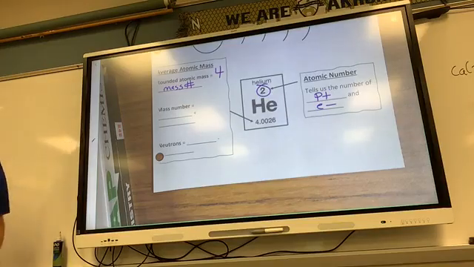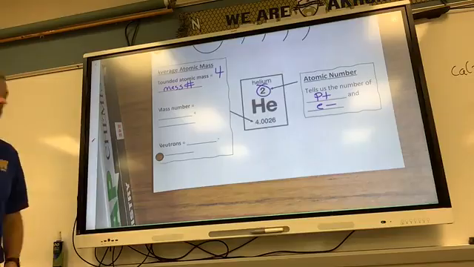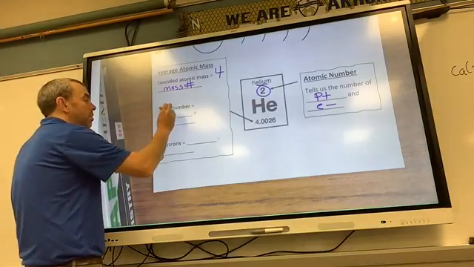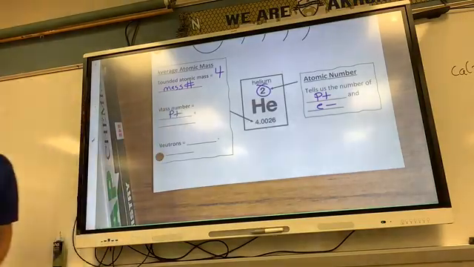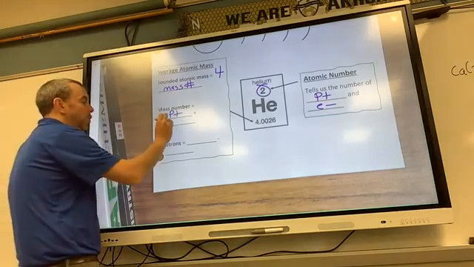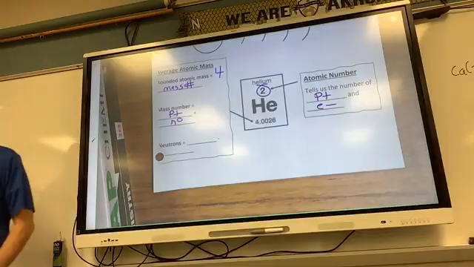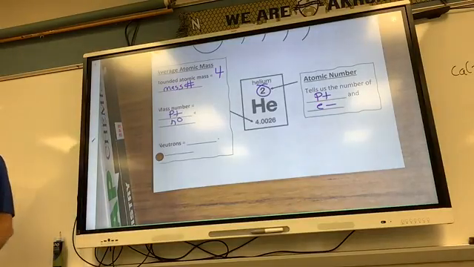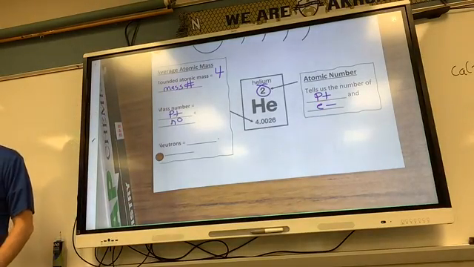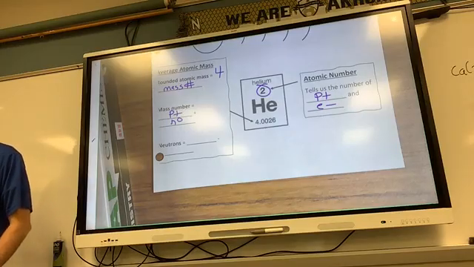So the mass number is the number of protons plus the number of neutrons. So protons plus neutrons. Based on that, we could determine the number of neutrons in an atom.